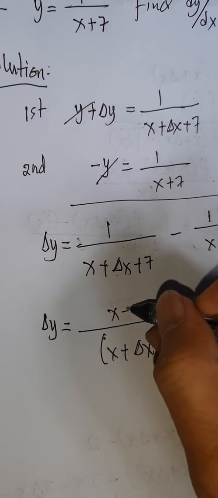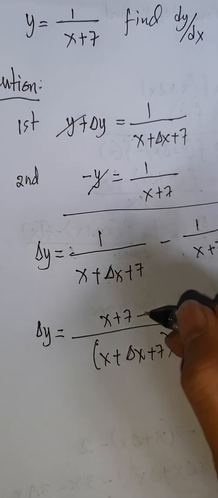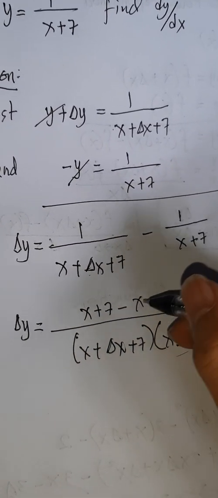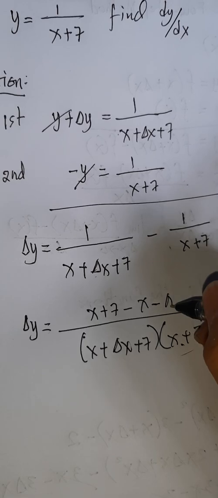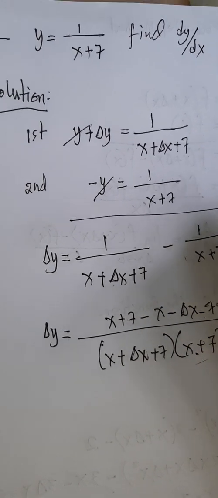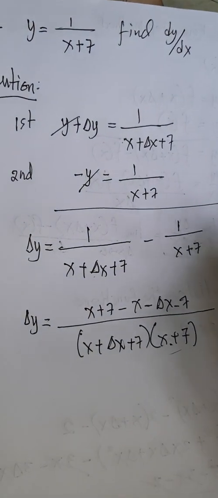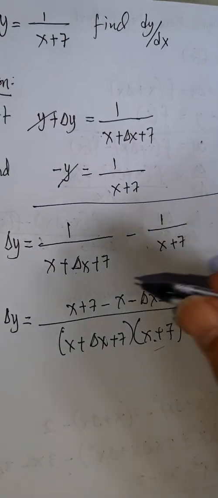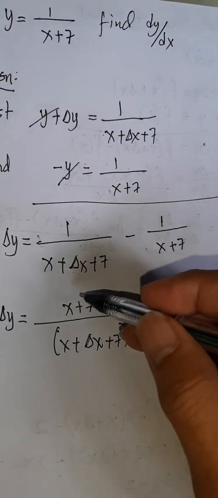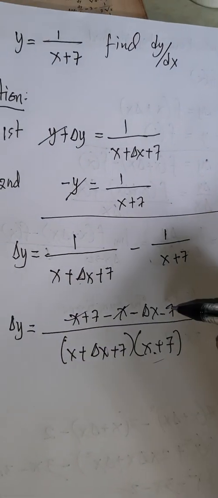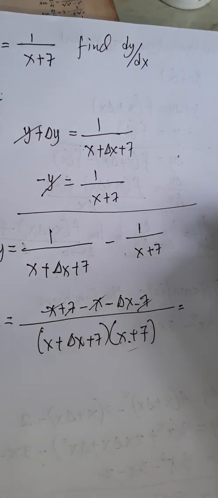Kaya, magkakaroon tayo ng value, x plus 7 minus, distribute natin yung sign, minus x minus delta x minus 7. Pwede na nating ma-subtract yung nasa numerator. X minus x, 0. Magka-cancel na to. Then 7 minus 7 is 0.